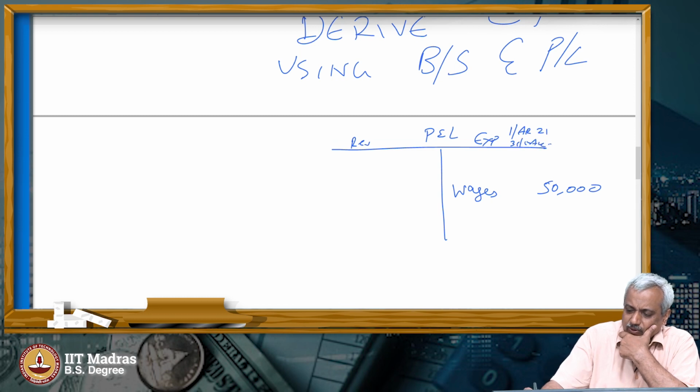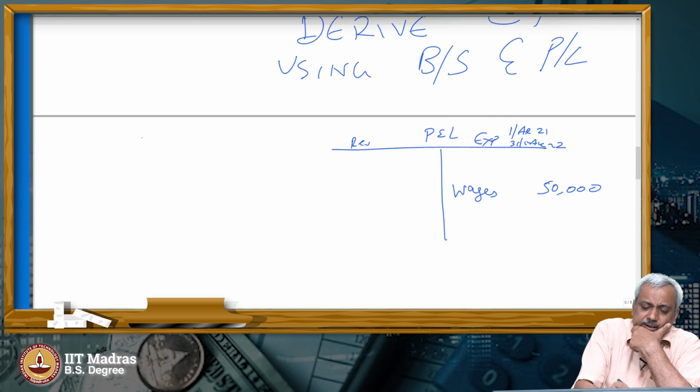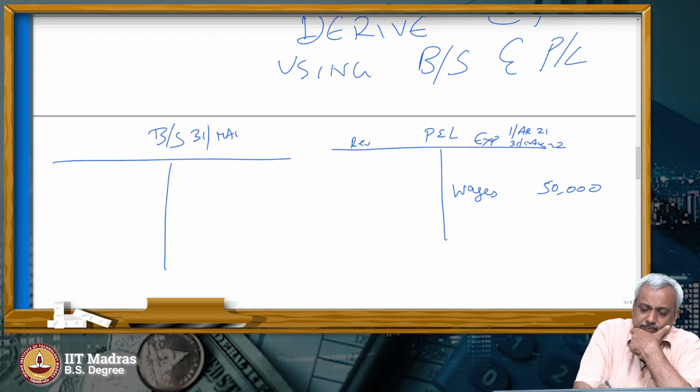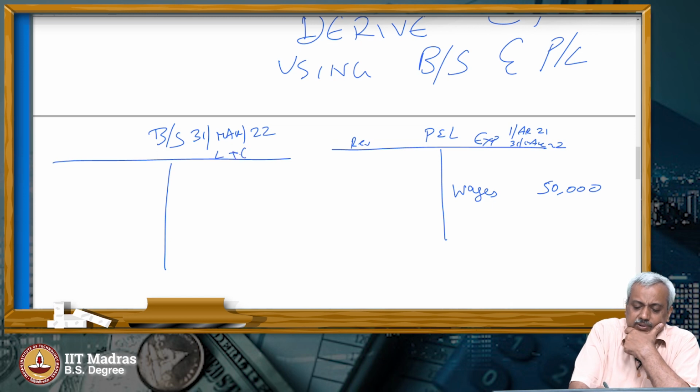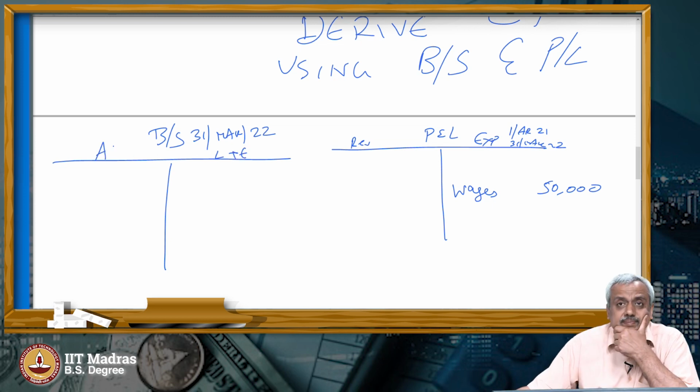Let us say 21 to 22. Now I draw up a balance sheet on 31st March 2022.